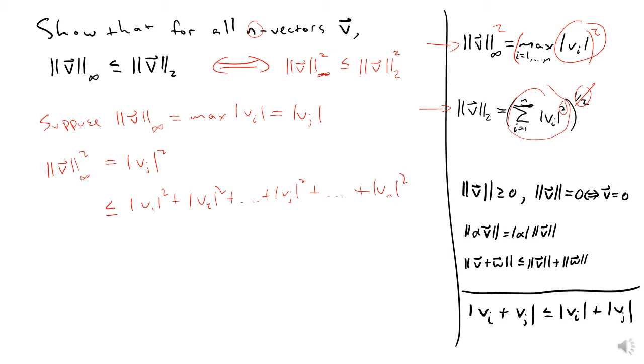It's obvious that this inequality holds because we've got the vj squared showing up here, and we're adding to it a whole bunch of things that are bigger than 0.